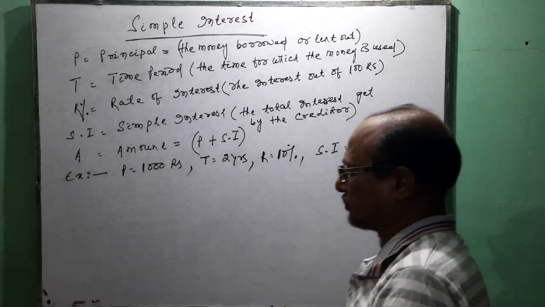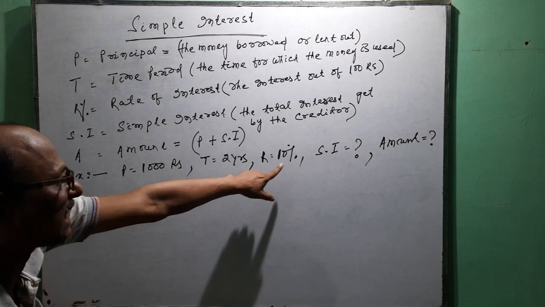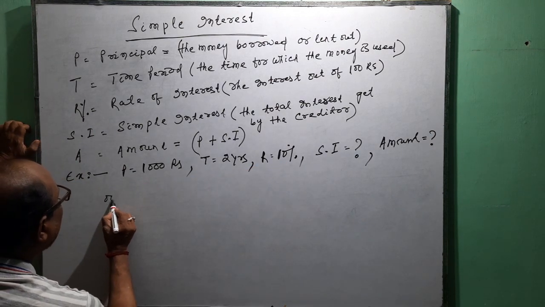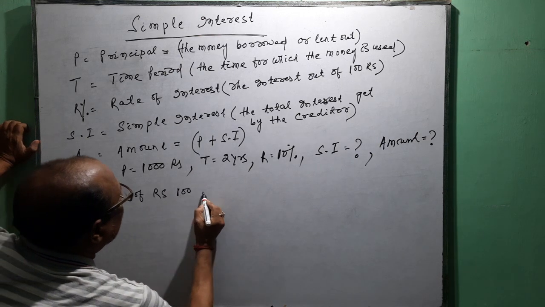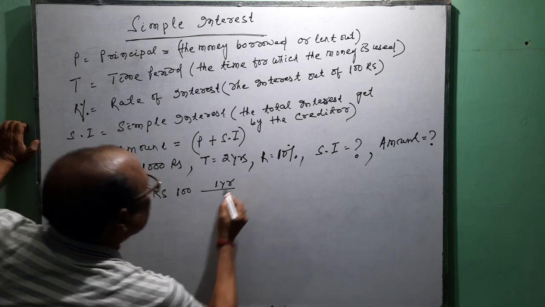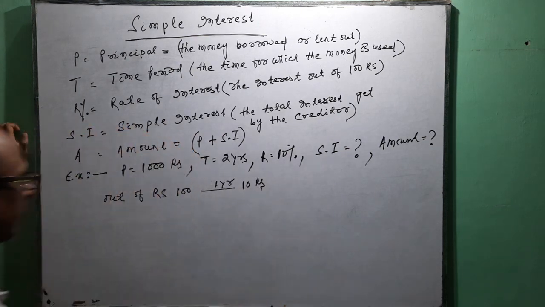In arithmetic, if we solve the problem: 1000 rupees at 10%. Out of 100 rupees for 1 year, the creditor gets 10 rupees as interest.